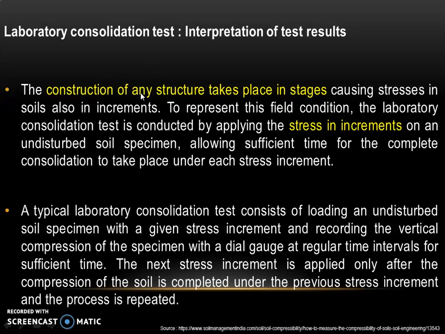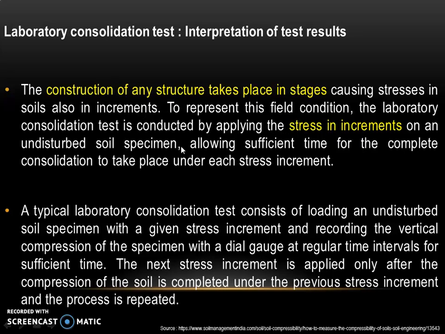And this condition of field can be represented in laboratory using consolidation test. While conducting this test, the stress is applied in increments, because on site also the construction of structure results in increase of stress on soil in increments.